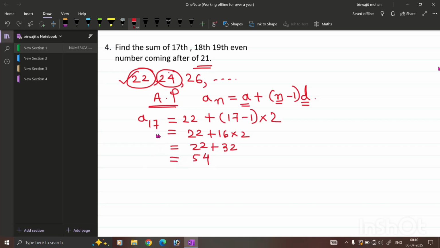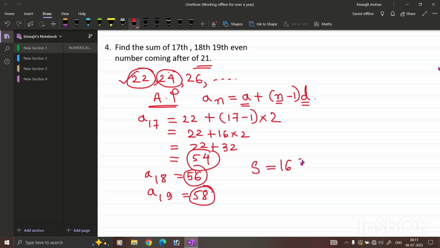So what is the 17th term? 54, and definitely the 18th term will be 56, and the 19th term will be 58. So when you do the sum of 54, 56 and 58, the sum is 168. So our answer is 168.